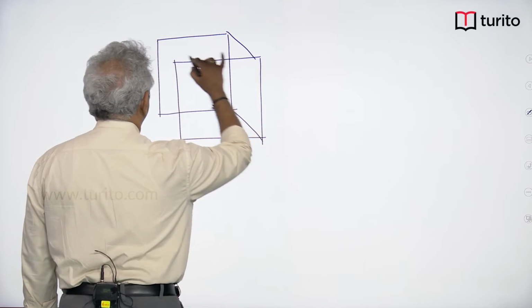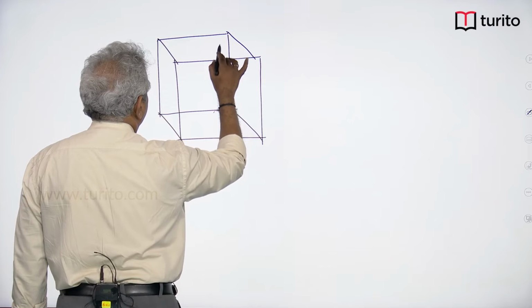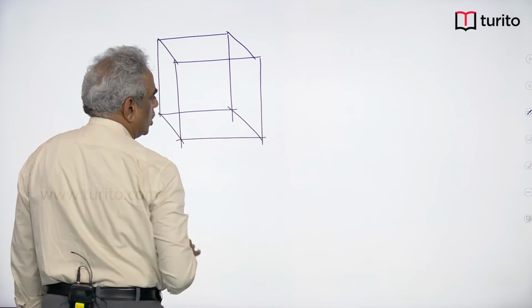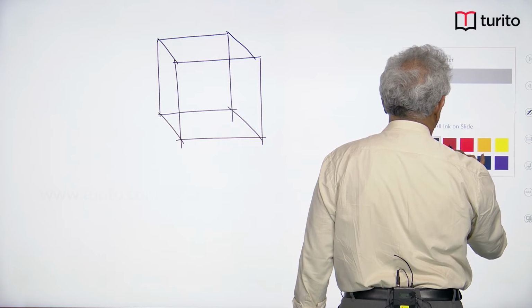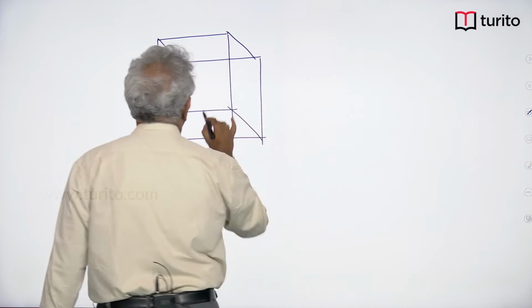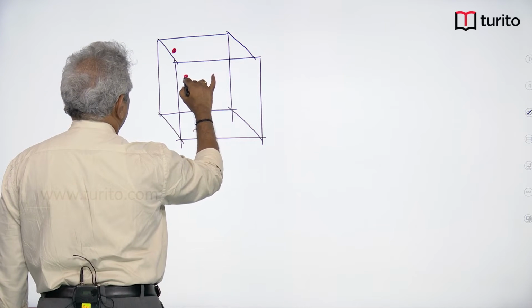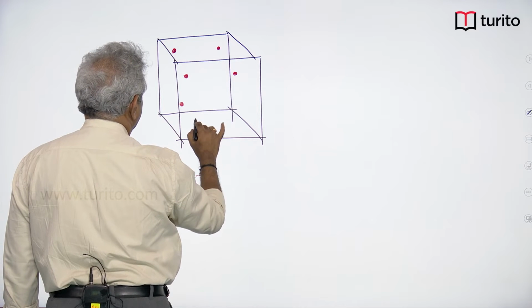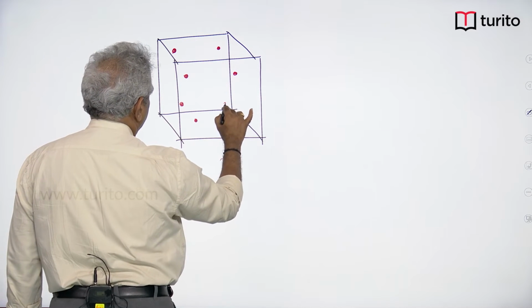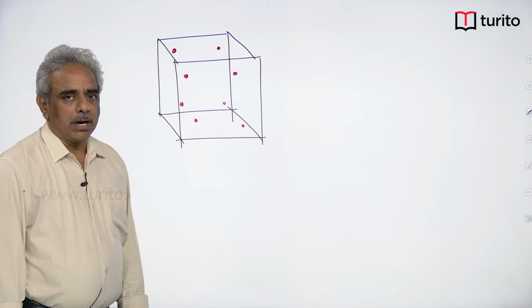This is a unit cell, and we have located tetrahedral voids on 4 body diagonals. So, one tetrahedral void here, one tetrahedral void here, one here. Each body diagonal has tetrahedral voids. So, you are seeing 8 tetrahedral voids.